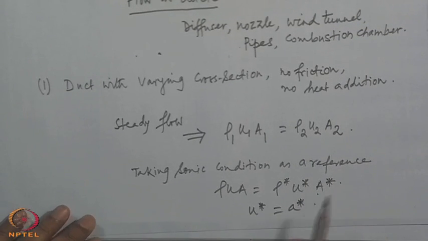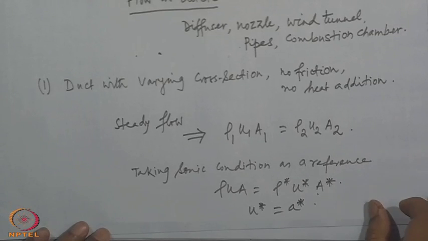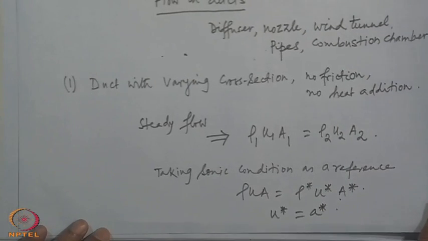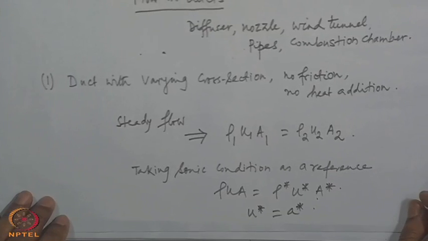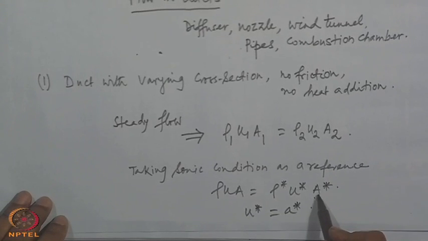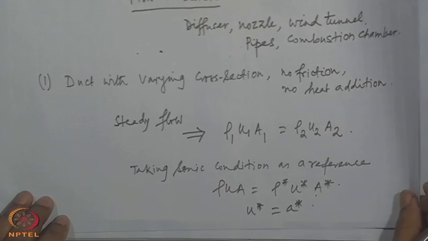Now, this area A star is the throat area, and if the flow is purely subsonic flow, then this is basically a fictitious area. However, if it is a subsonic supersonic flow, then this is the actual throat area.